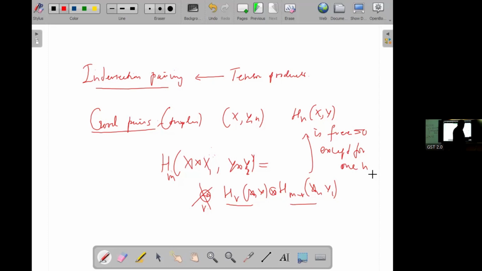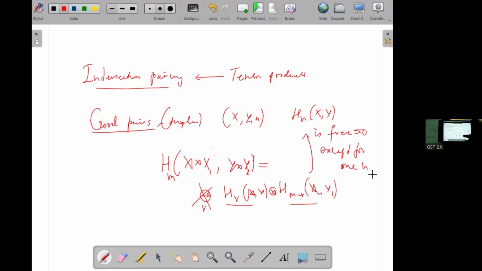Normally, if you try to define products in homology, you get what is called the Künneth spectral sequence. So ultimately you get a gradation such that the associated graded is of this type.